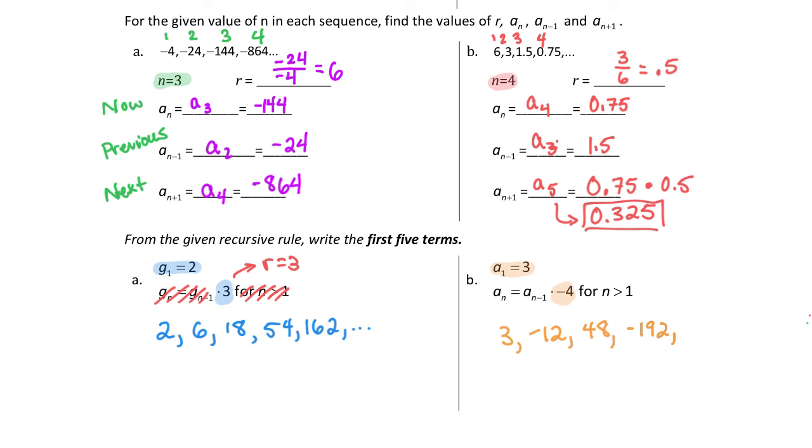And one more negative 4 will make a positive 768. That was a mouthful. What you'll notice is whenever your common ratio is a negative value, the signs will flip-flop like that from positive to negative.